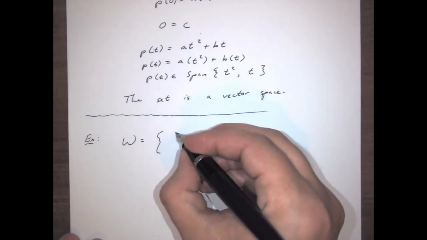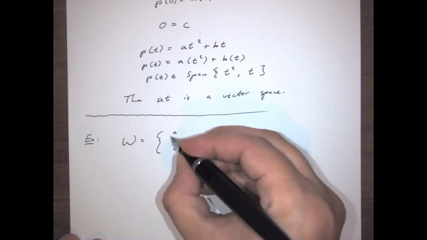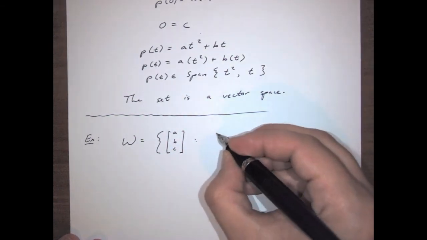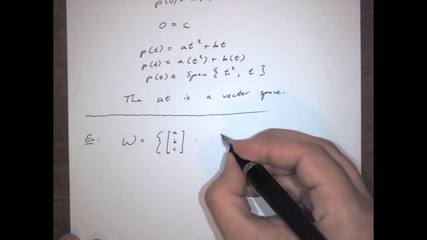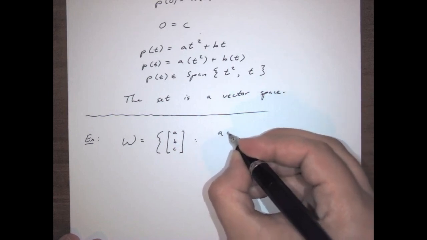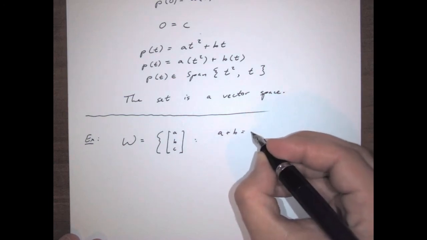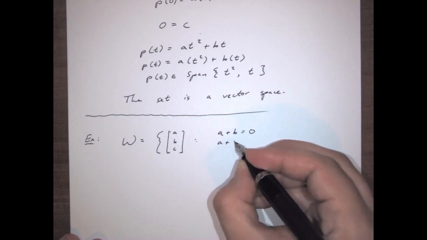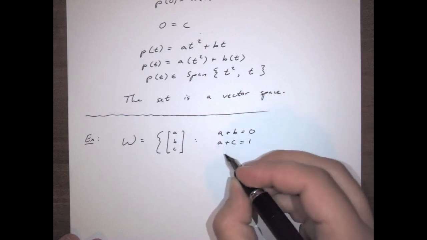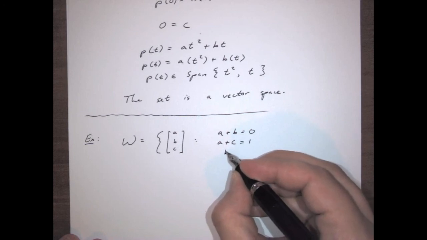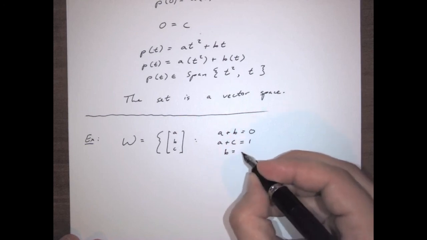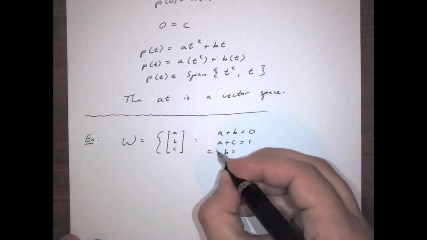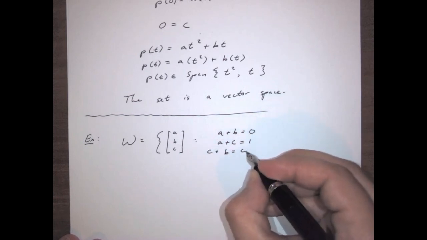So we might have a set A, B, and C for the entries of a vector, and then over here we're told some relationships between the A, B, and the C. We're told maybe that A plus B equals 0, A plus C equals 1, and we're told maybe that C plus B equals 0.